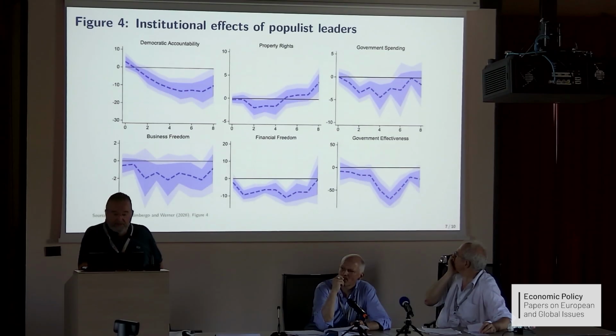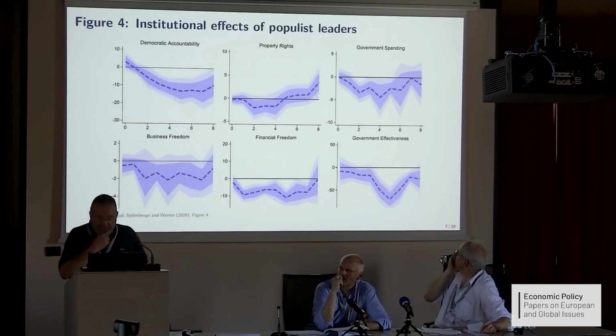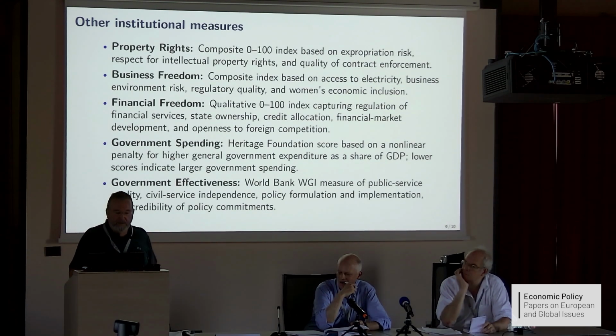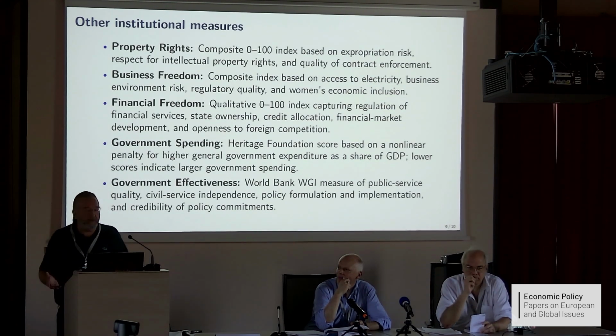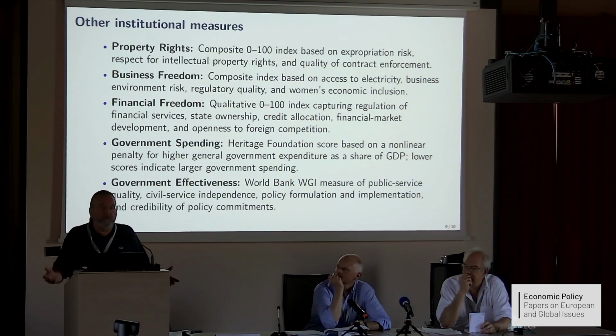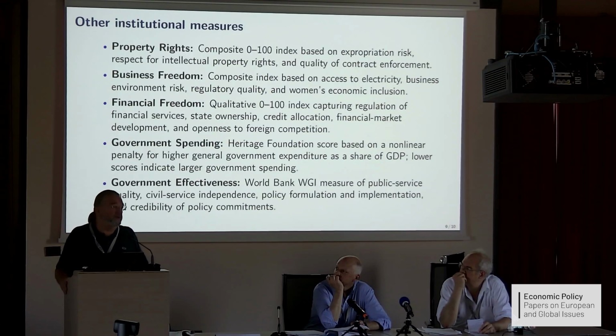Then there is the business freedom and the financial freedom. Those go down as I would expect too, but I want to have a little bit more texture as well. Business freedom is an index based on 4 items. And when I look at them, it's access to electricity, business environment risk, regulatory quality, that's fine, and women's economic inclusion.